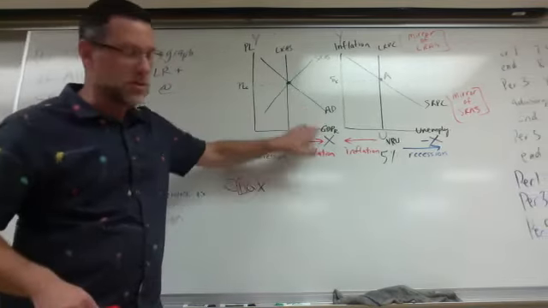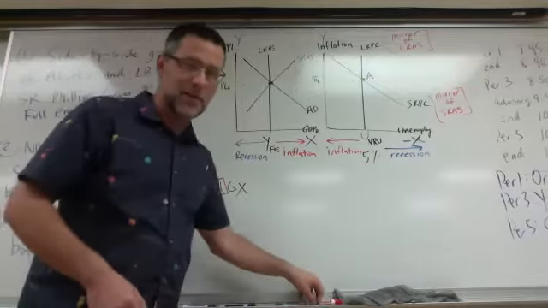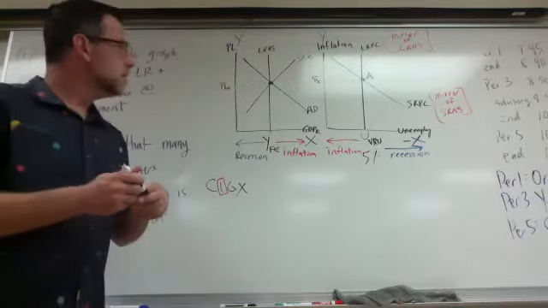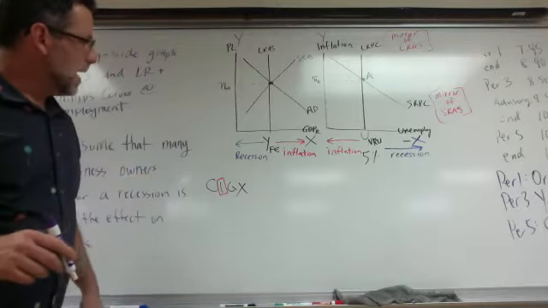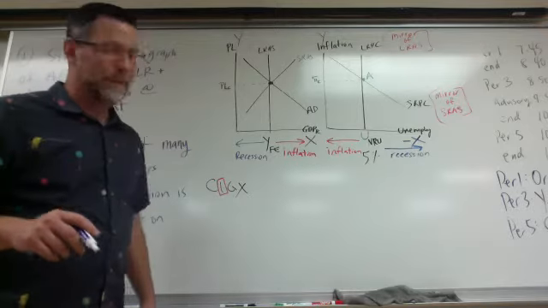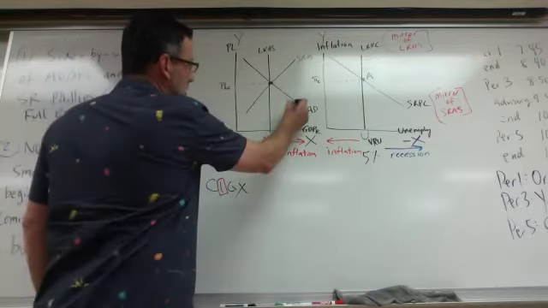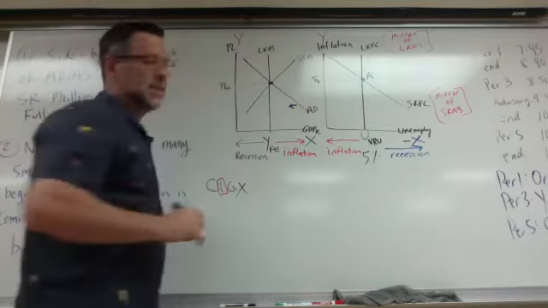So let's come over to this graph. We'll first go on aggregate demand, aggregate supply. We'll use purple, a nice neutral color. Neither recession nor inflation. And we're going to show a decrease in business spending.